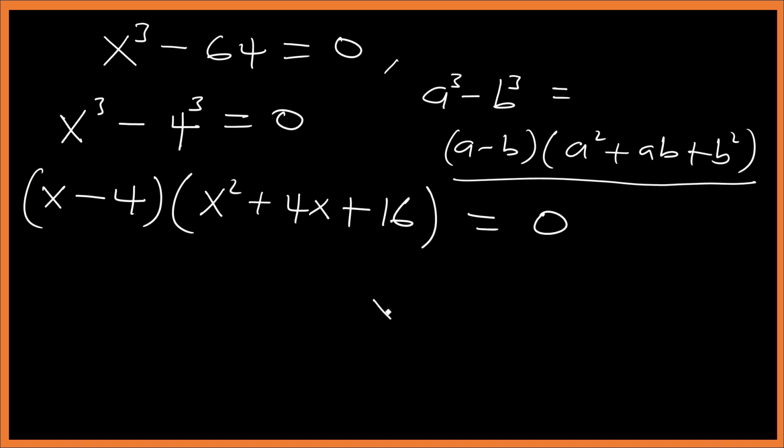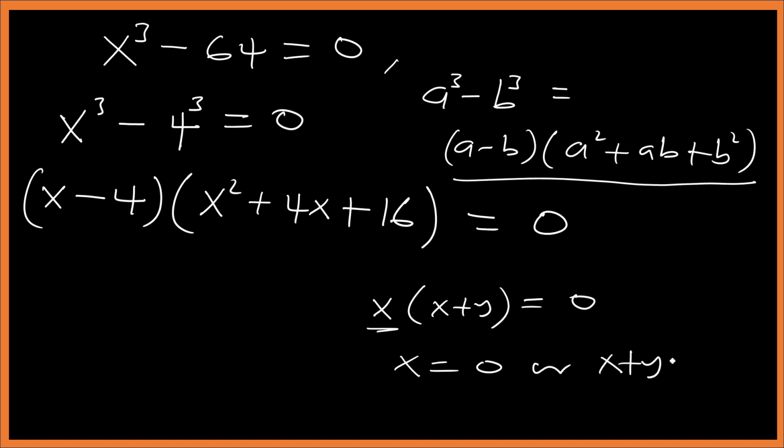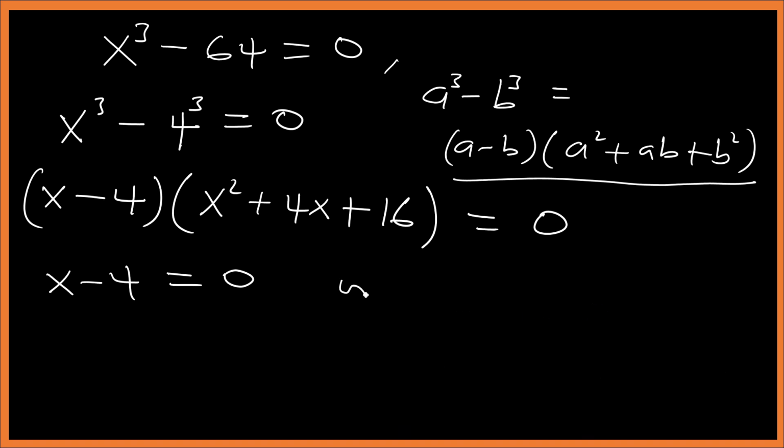When we are given x times y equal to 0, we say x equal to 0 or y equals 0. So with this, x minus 4 equal to 0 or x squared plus 4x plus 16 equal to 0.